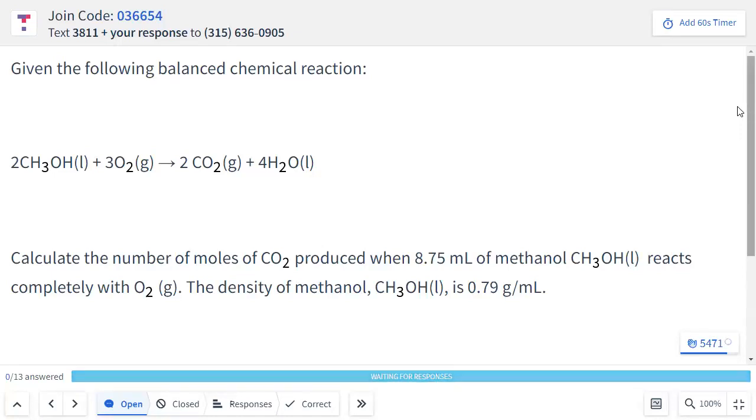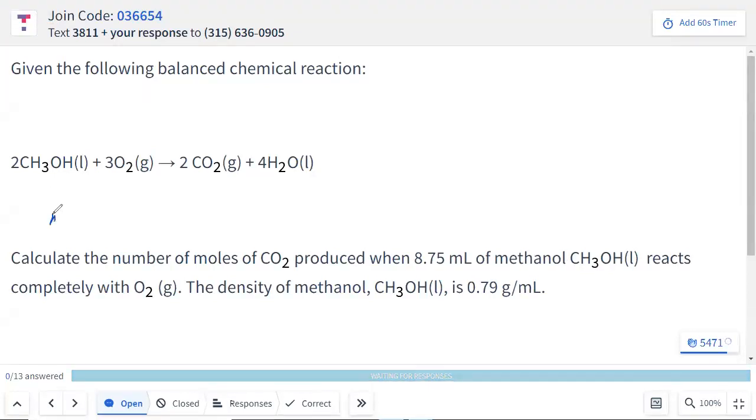So this one is slightly different because we are not starting with a mass of methanol, but rather a volume. Now, volume's not explicitly on that map that I showed you, but we should know from our first unit, module number 1, that we can use density to interconvert between mass and volume for a given substance. And so that's going to be the first step in our process.